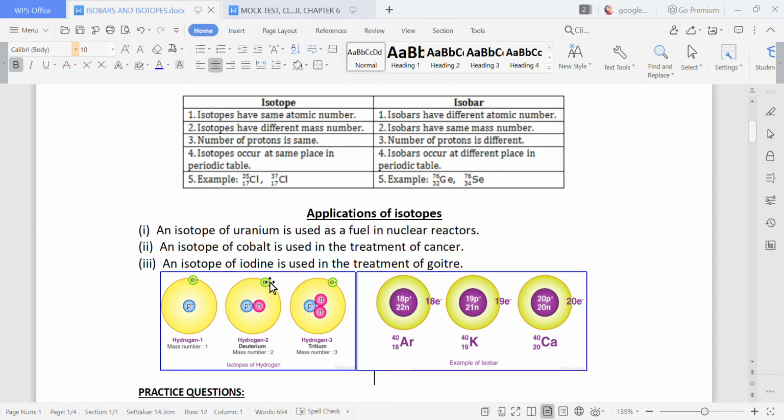So an isotope of iodine is very important if we want to treat the problem of goiter. So these are the three uses of isotopes, or applications of isotopes, one and the same thing. Clear? So this is all about isotopes and isobars.